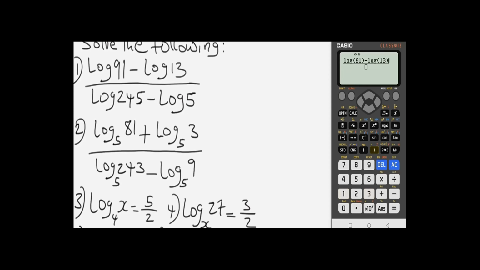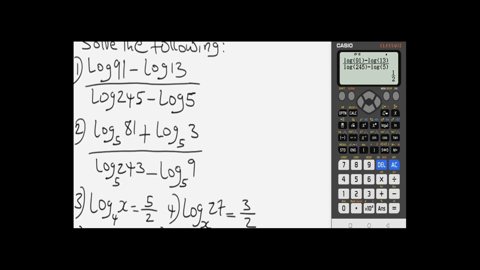Close the brackets, over, we have log, shift and this button 245, close the brackets, minus shift log 5, close the brackets. So that's it, guys. We're good to go. Let's press equal to get the output. So we have it, we have 1/2 or 0.5. This log by default is in base 10. So that's it for question 1.